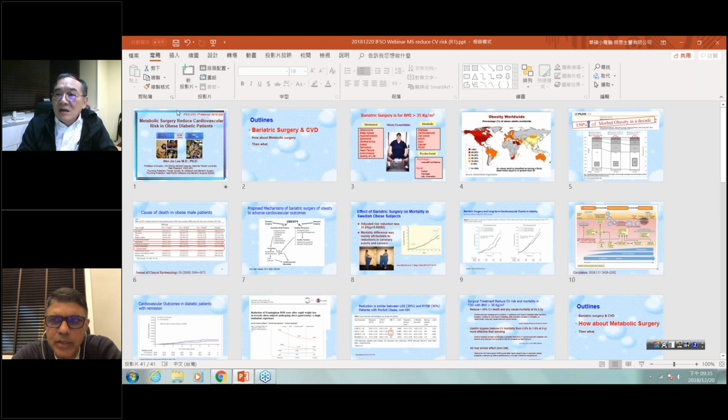That probably tells us why SAGB and RYGB have the same risk profile, because it decreases HDL, cholesterol, and other type 2 diabetes markers much better than the sleeve. That's why I believe in a sleeve gastrectomy, you do not get variation in the cholesterol, LDL and HDL levels. Do you believe that is true? Yes.